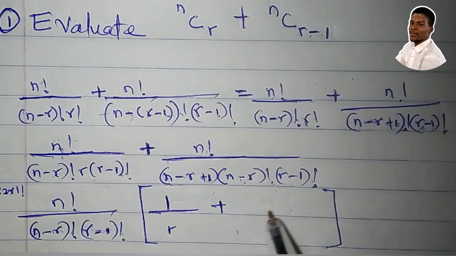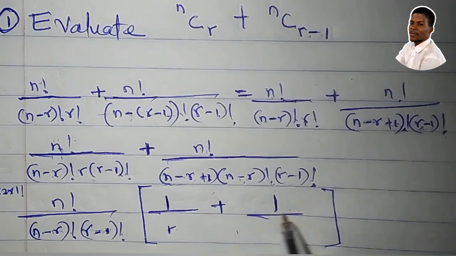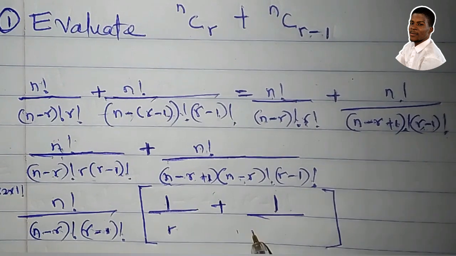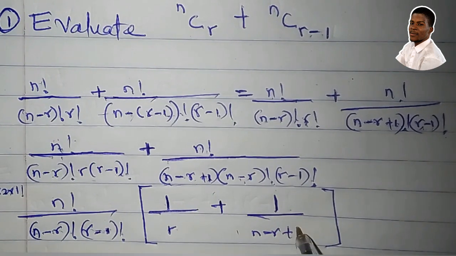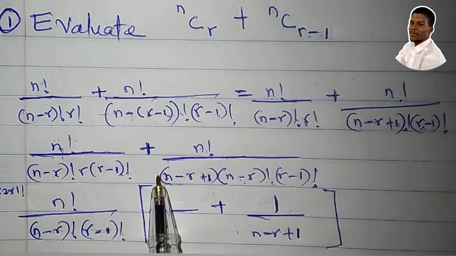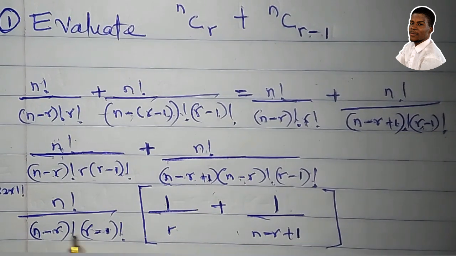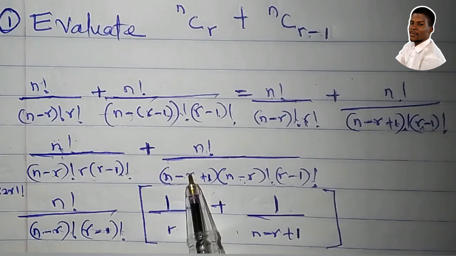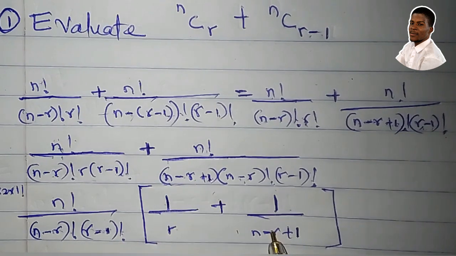We'll be having 1 all over (n minus r plus 1) here, because if you divide everything here by this, we'll just be having n minus r plus 1. And that's what we have here.